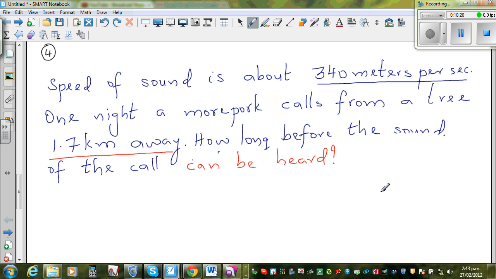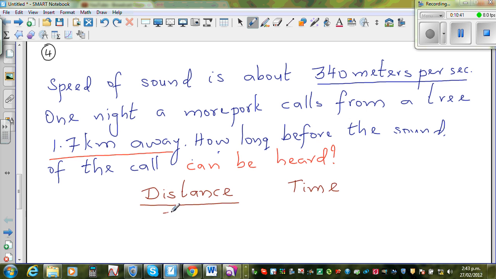So this is a question of ratio. So let me make two columns. Whenever you have a question like this, it's always good to make two or three columns, whatever is necessary. So your distance and time. So we are relating distance and time. What is this information telling me?